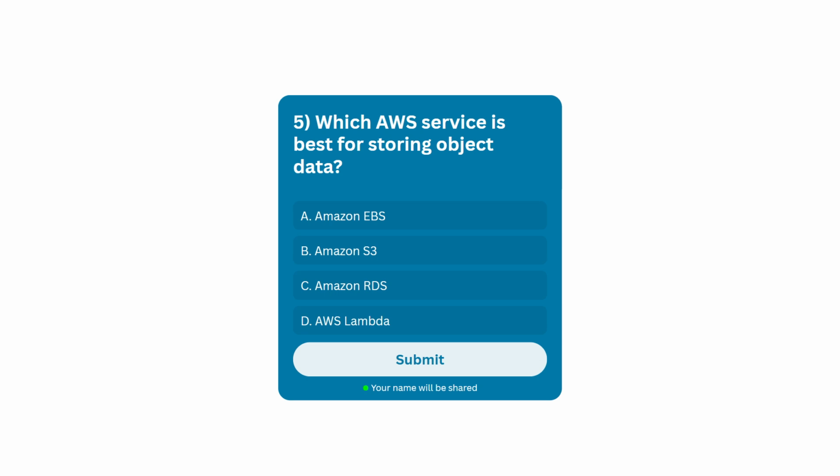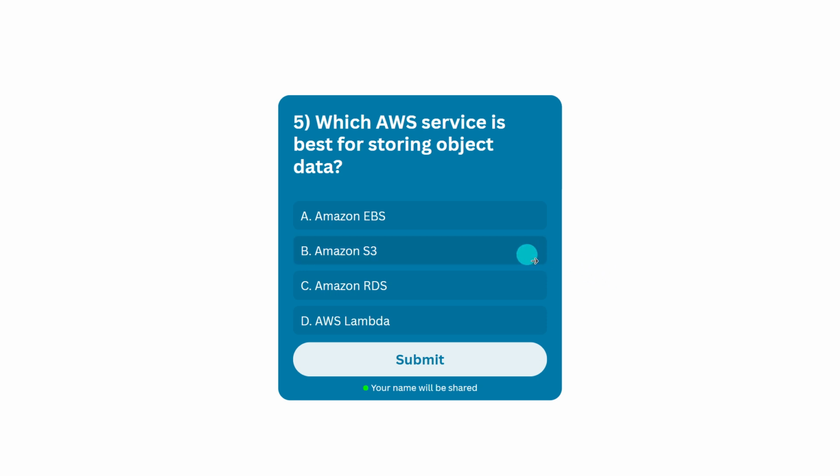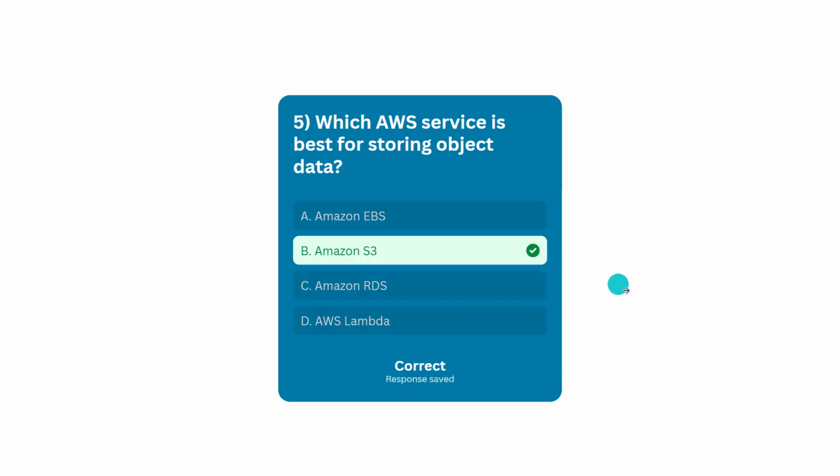Which AWS service is best for storing object data? Amazon S3. Amazon S3 is an object storage service ideal for files, backups, and static content.